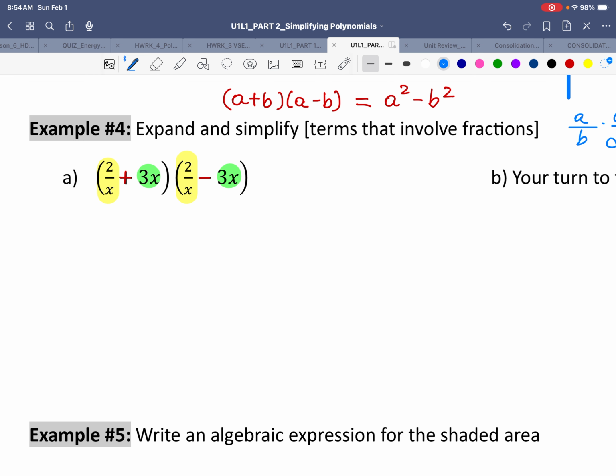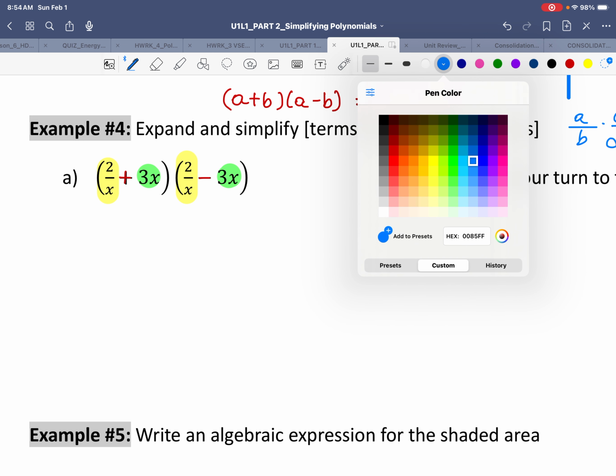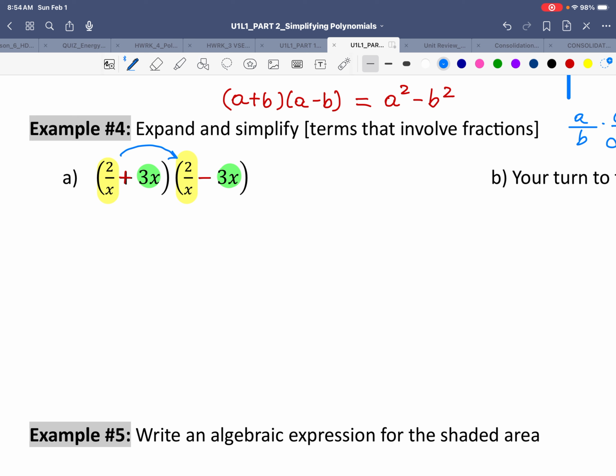So first, I'm going to simply use FOIL. And what we have in here is 2 over x times 2 over x, which will be 4 divided by x squared. And then 2 over x times negative 3x, so negative 2 over x times 3x. And next we have 3x times 2 over x.